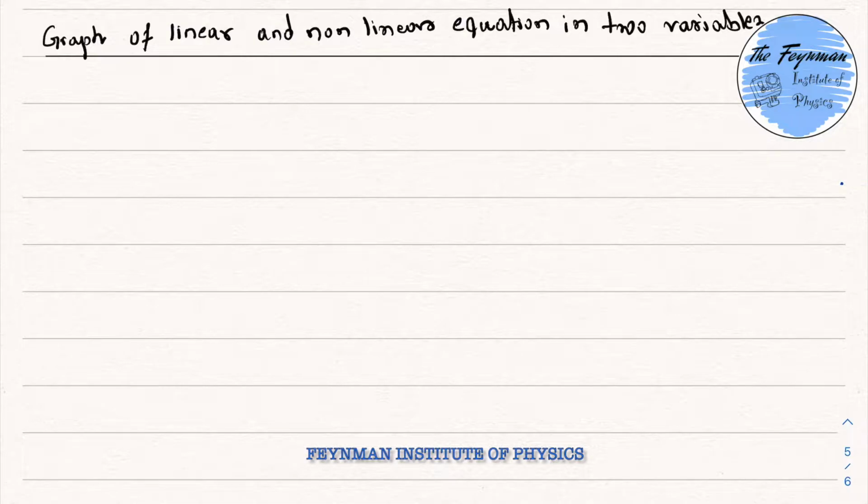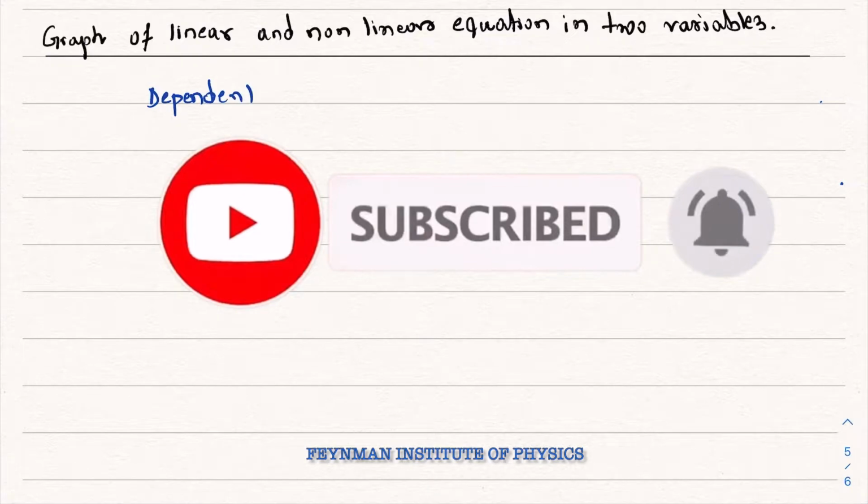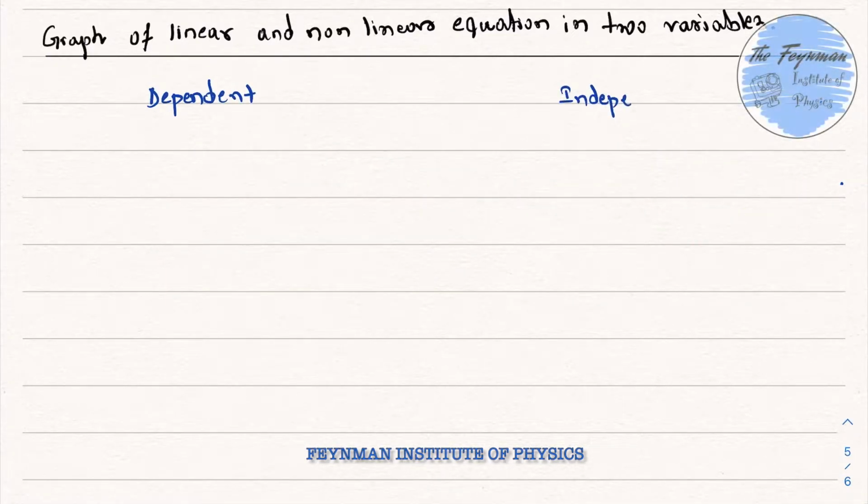Here in this video, we will find how to plot a graph of linear and nonlinear equation with two variables. We know that there are two kinds of variable. The first one is a dependent variable and the second one is an independent variable.